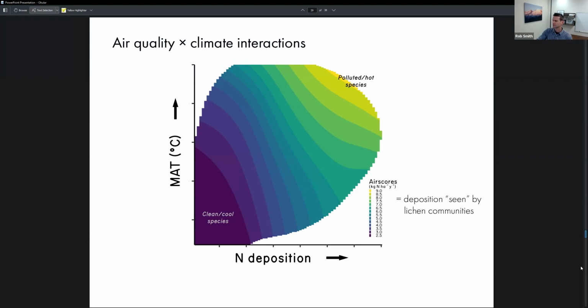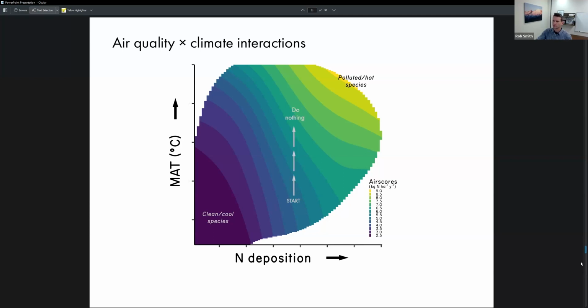So knowing this information, how could this help us with scenario planning? Imagine we know present day, here's my starting position. I have a site or a region of interest that has so many units of nitrogen deposition and currently is sitting at a certain climate regime. What would happen if we held deposition constant but allowed expected future climate warming to proceed?